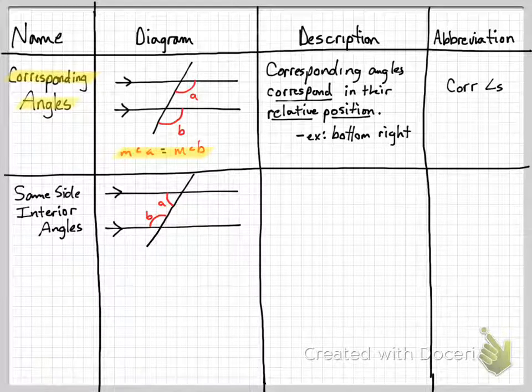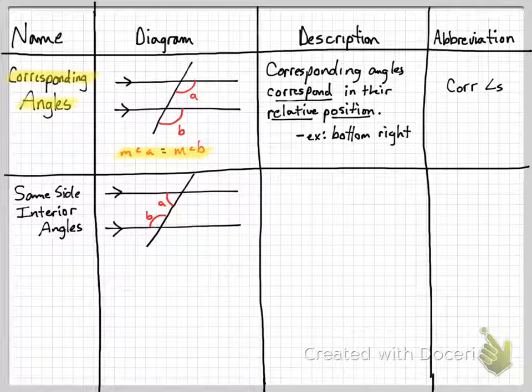Okay, supplementary. I can see right here that A is acute, B is obtuse, so there's no way they are congruent to each other. But if one's acute, one's obtuse, they could add up to 180, and that's what happens here. That is the case.